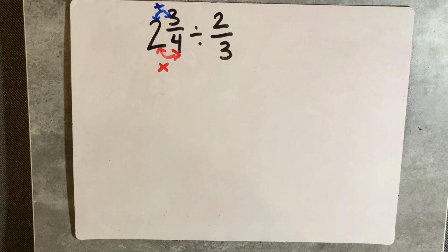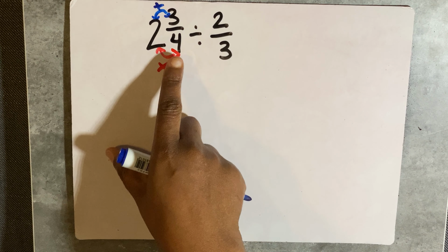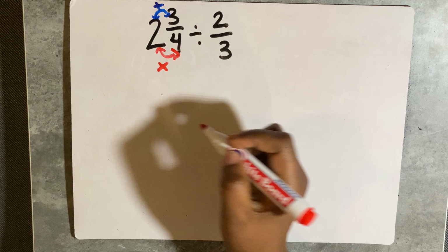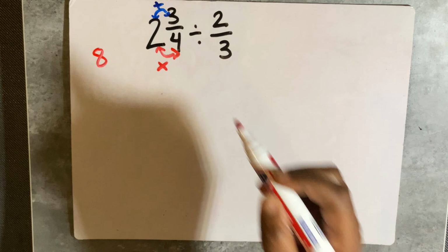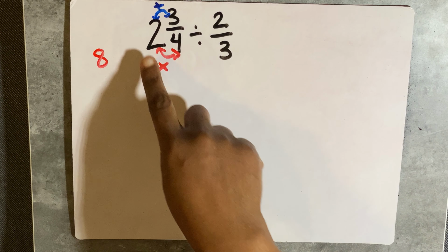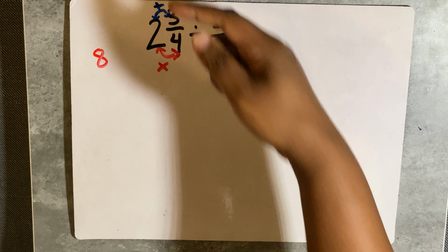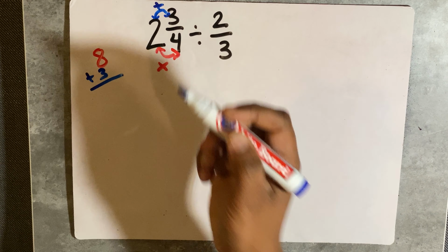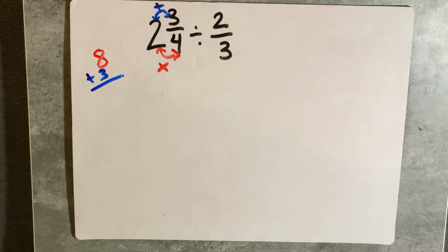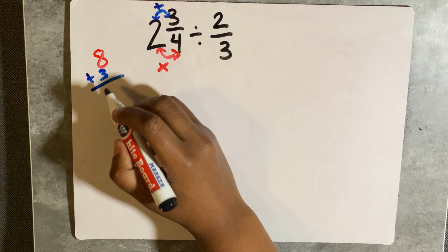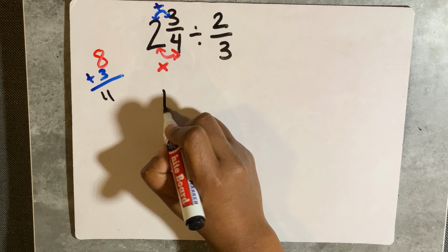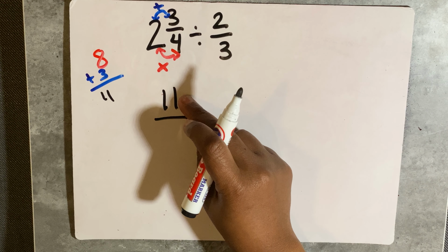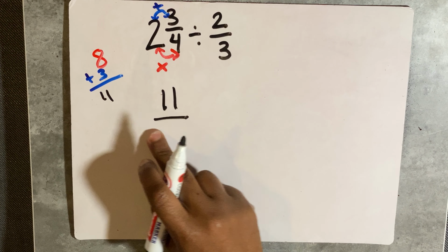So 2 times 4. 2 times 4 gives me how much? Please tell me you said 8. So 2 times 4 gave me 8. Then I need to add 3. Your final answer should be 11. So then I'm going to take that 11 and I keep the 11 up here and I keep my division sign.